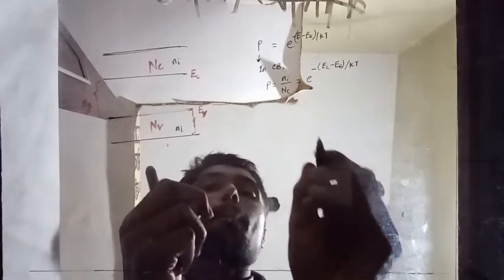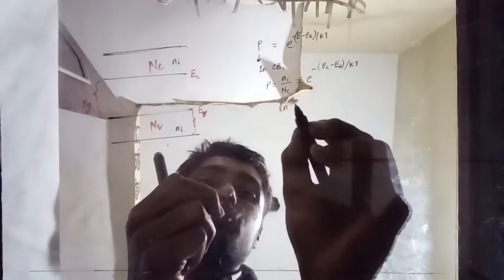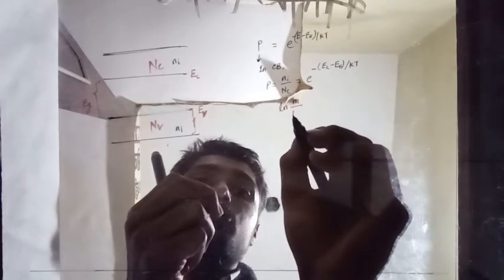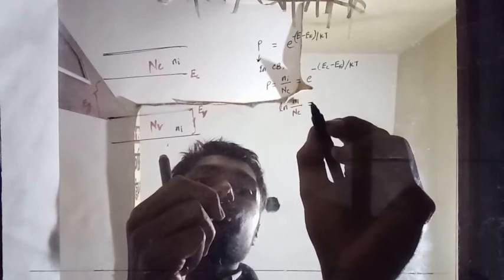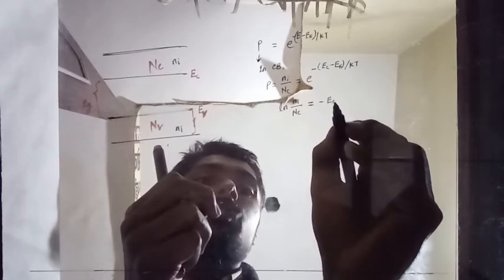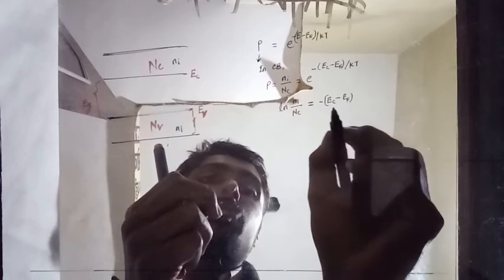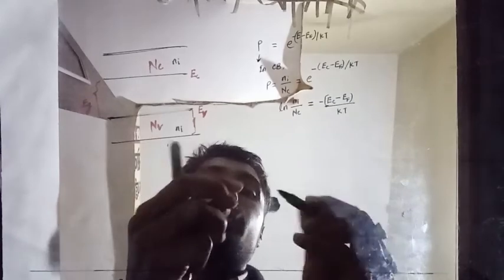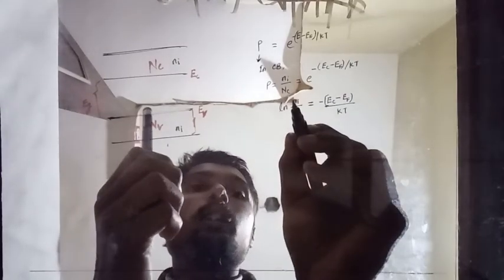This time I'm going to give an overview of how we can derive it, if we follow the formula. Now take a logarithm here. Ln Ni upon Nc is equal to minus (Ec minus Ef) upon KT. When we transfer this negative sign, it will come in the power and be interchanged.